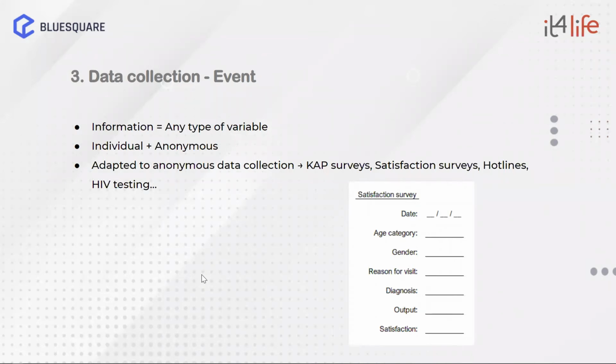So it's adapted to any type of anonymous data collection, such as CAP surveys that you will have to run at the beginning and the end of a project, satisfaction surveys, hotlines, or HIV testing, as this information needs to remain anonymous. So my event, one row of information during my data collection.